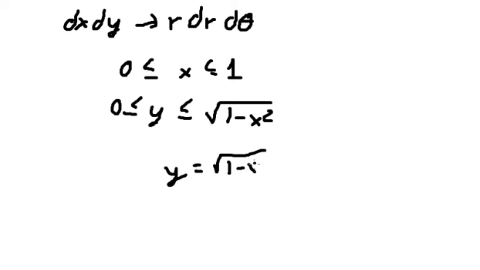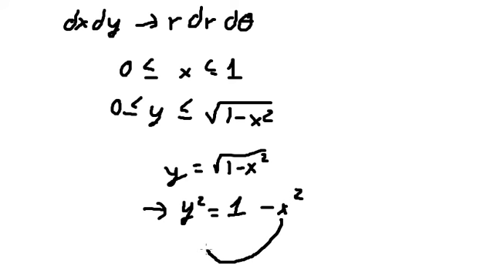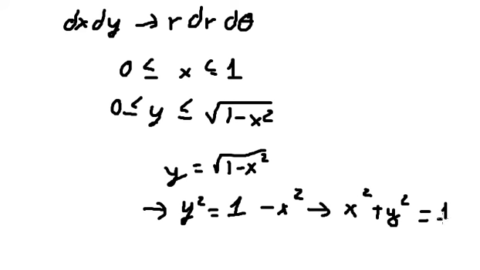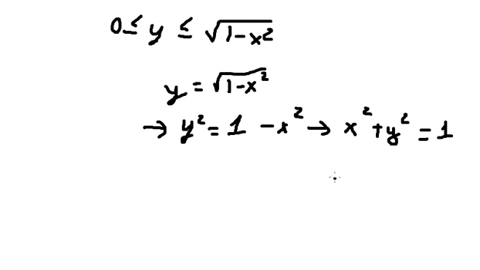We square both sides and we have y squared equals 1 minus x squared. So I will move this to the left and we have x squared plus y squared equals 1. And now we need to graph the circle with center 0, 0 and the radius is 1.